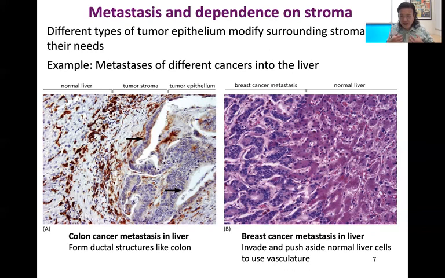Not only wherever they end up, but even as part of how they spread in the first place, how they leave the primary tumor. So different types of tumor epithelium, right, when they spread to different locations in the body, they modify the surrounding stroma to sort of suit or fit their needs.